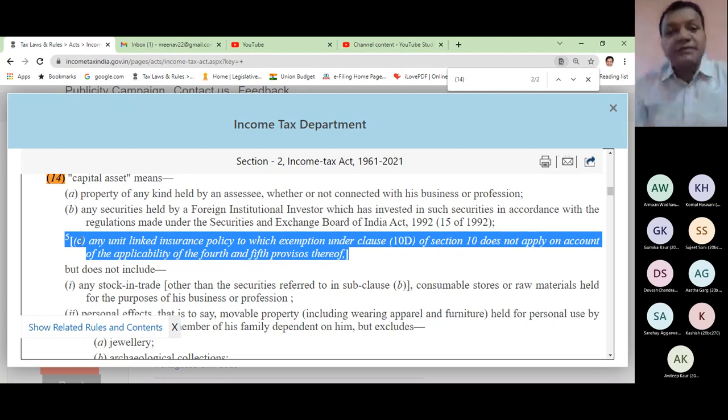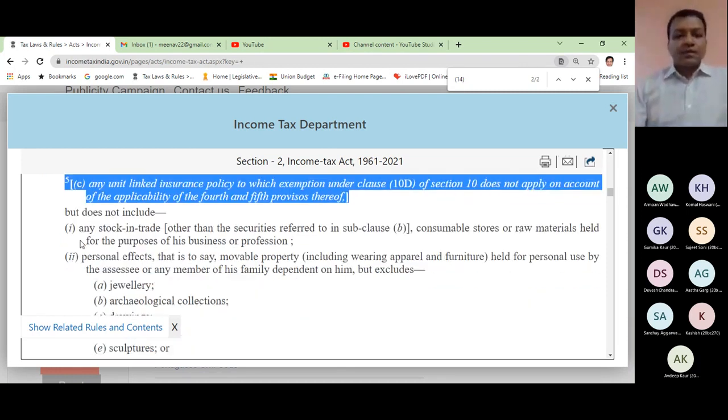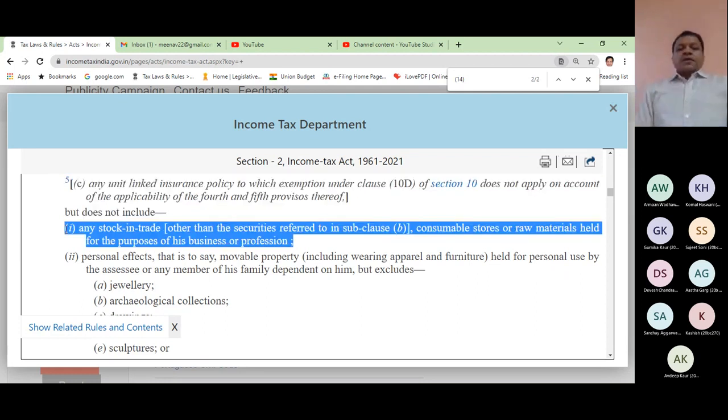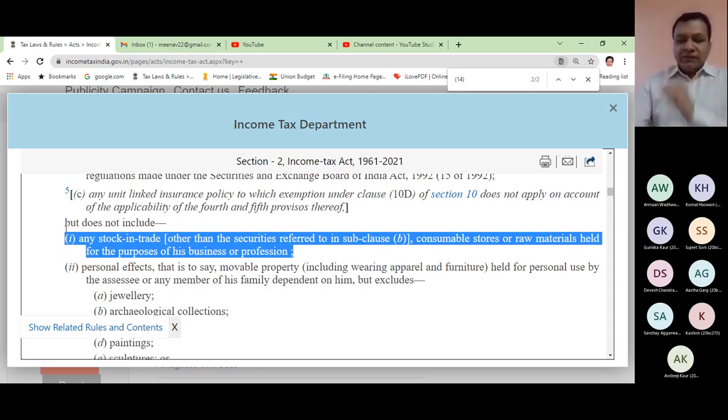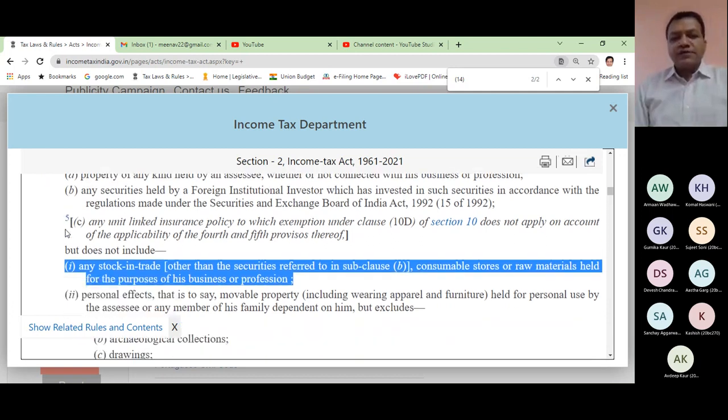What is not a capital asset, that is relevant. So I'm not going to discuss with you what is a capital asset. I will discuss with you what is not a capital asset. What does it not include? So what is not a capital asset? Any stock in trade, but other than securities referred to in clause B, ignore it.